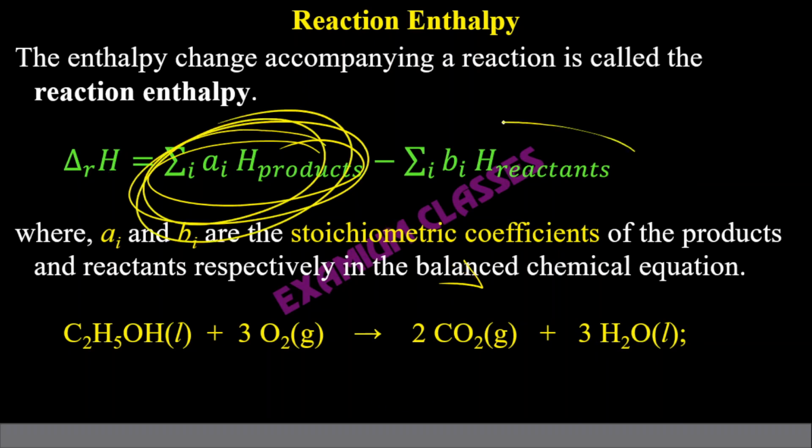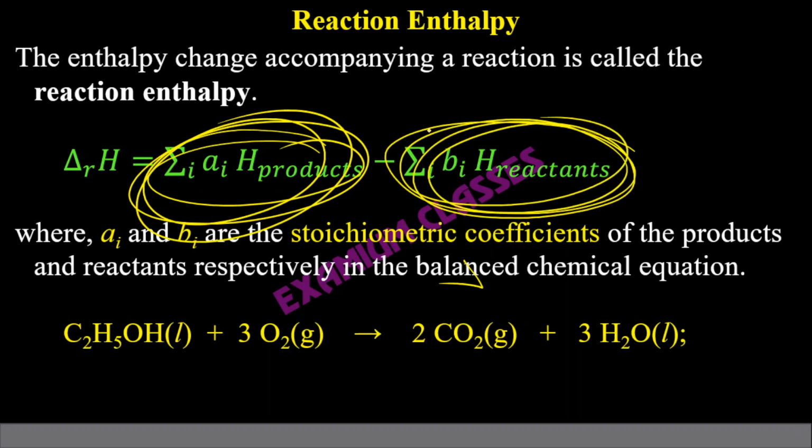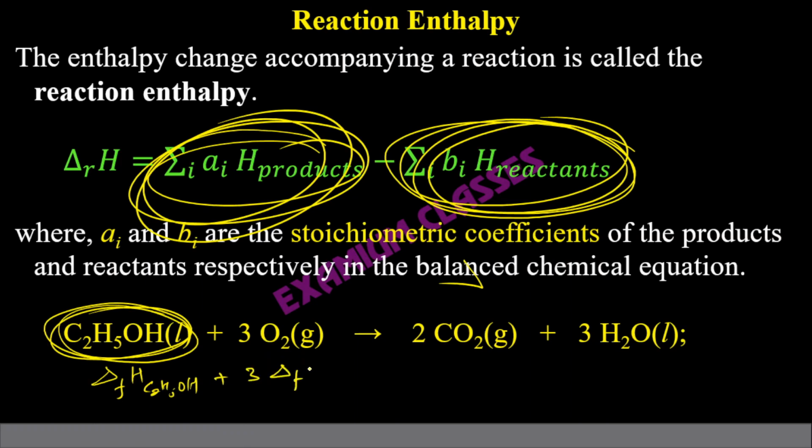For reactants, the enthalpy of formation sum, I will use just 1 mole of C2H5OH, it will be given to you. Then I will add 3 times the enthalpy of formation of O2. That will give me this part, and their difference will tell me the enthalpy of the whole reaction.